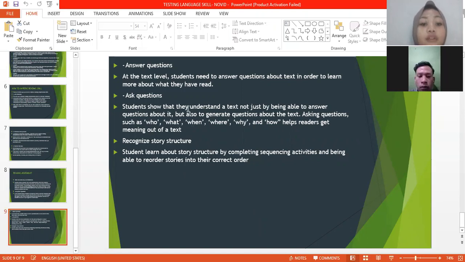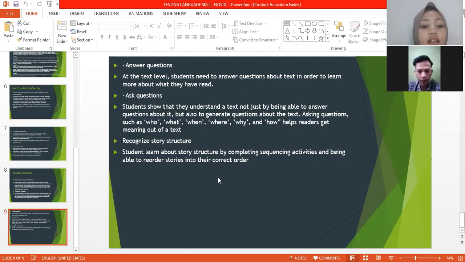Students show that they understand a text, not just by being able to answer questions about it, but also by generating questions about the text. Asking questions such as who, what, when, where, why, and how helps readers get meaning out of a text.